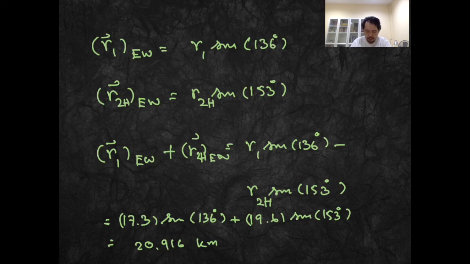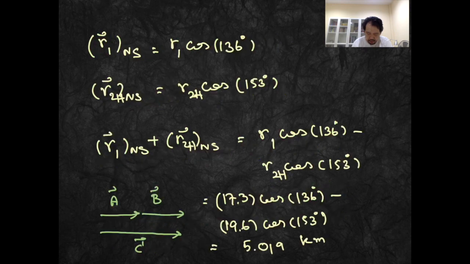Now we have the negative sign here. So we have 17.3 times sine 136 minus 19.6 times sine 153, which is equal to 3.3828 kilometer.